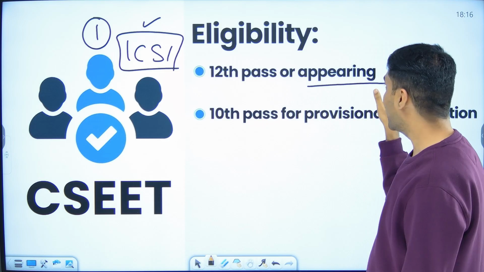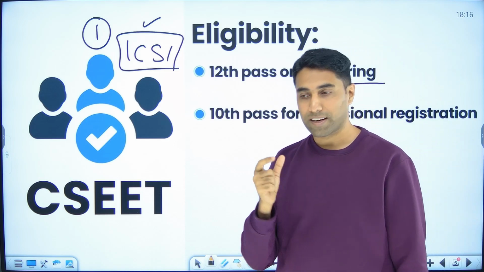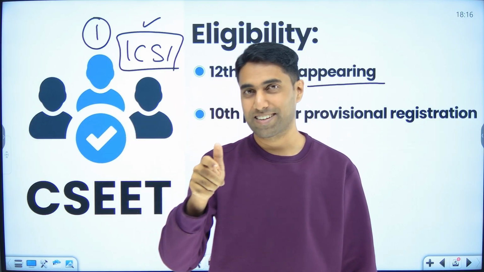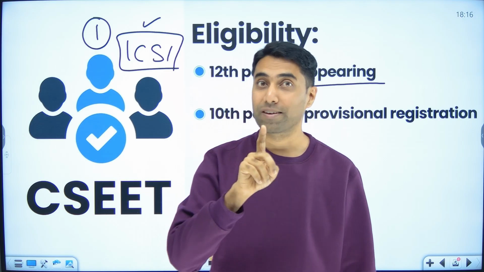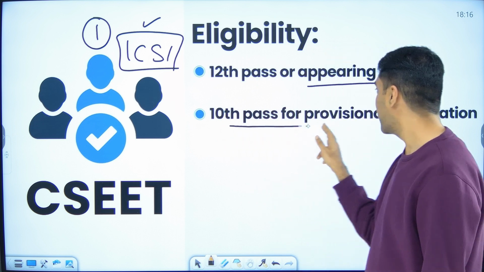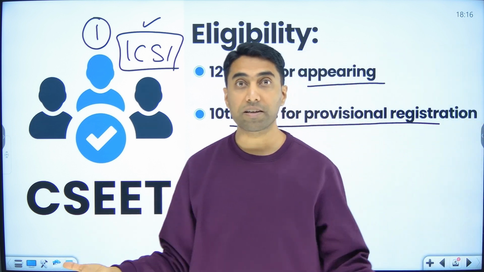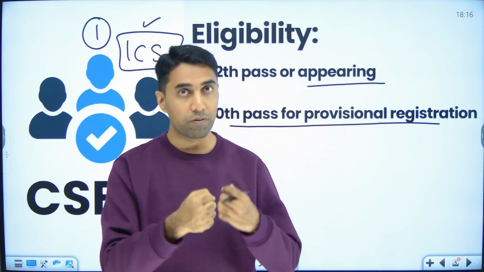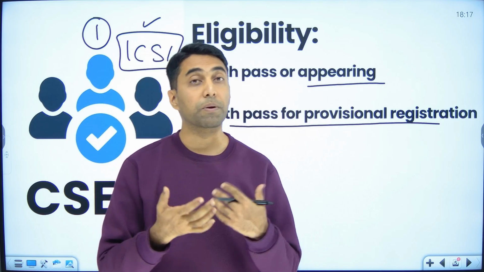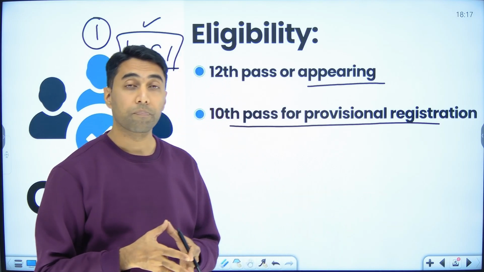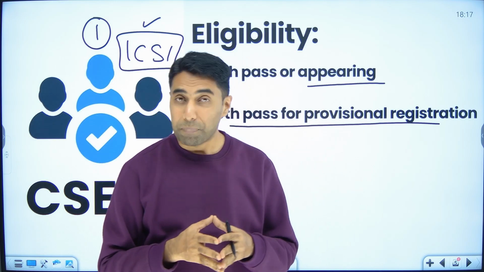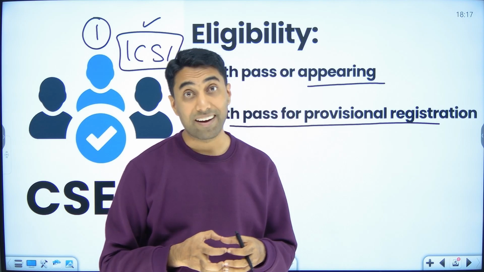CSEET, 12th pass or appearing. That means if you are appearing for 12th standard in February, March, and you have not yet written but you have got your hall ticket, that is also good for you to register for this course. Then you have 10th pass for provisional. After 10th standard, can I take CS? You can register provisionally. You can't write the exam. You can take the study material and start preparing if you like, but you definitely cannot write the exam after 10th, because at minimum you should have completed 12th standard.